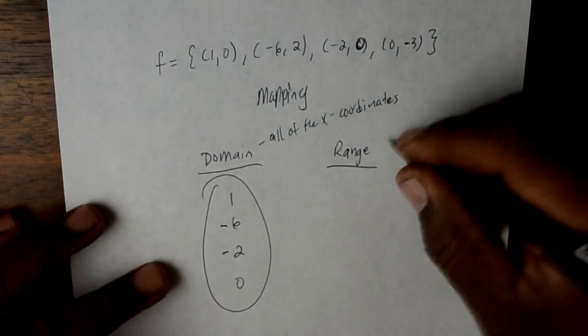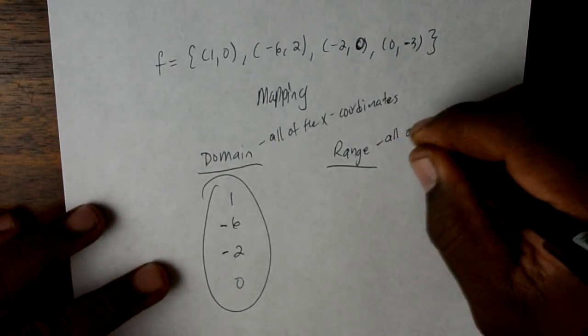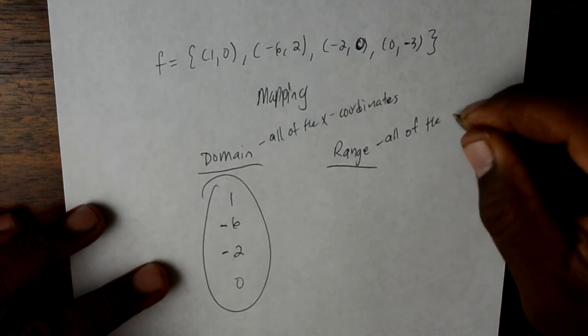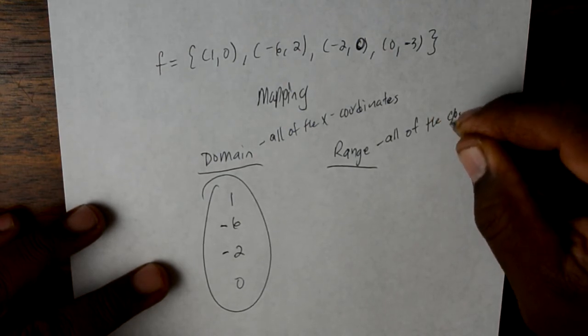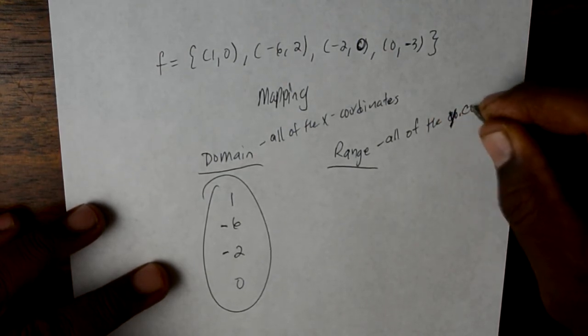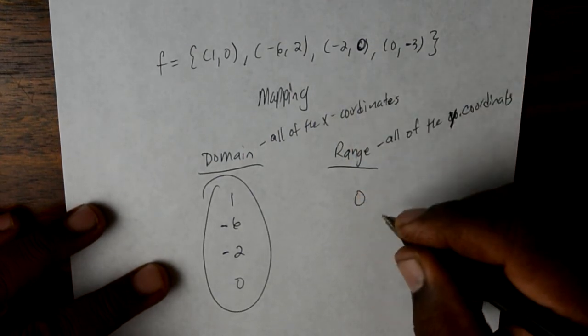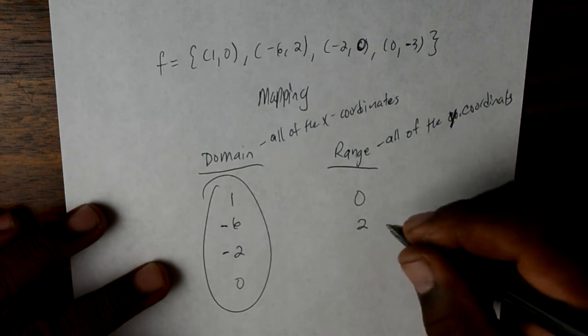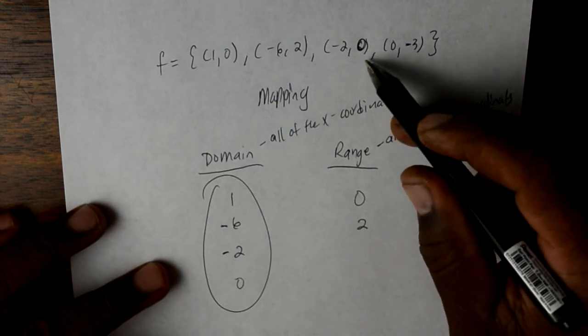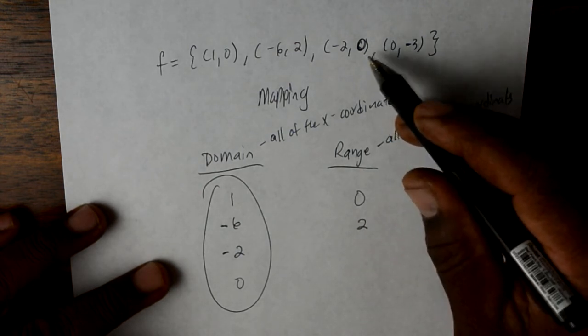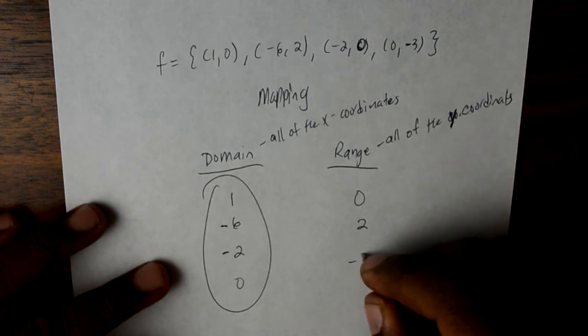My range values would be all of the y coordinates. So I would have 0, I would have 2. There's another 0, so no need to list that twice. And I also have -3.